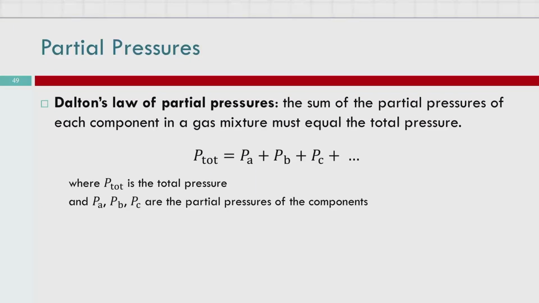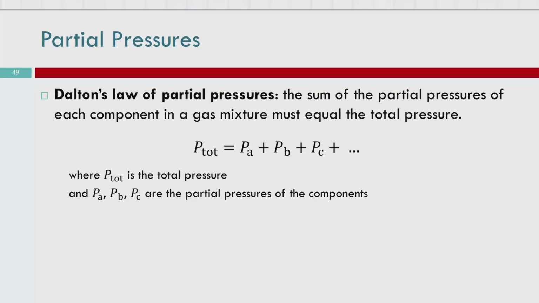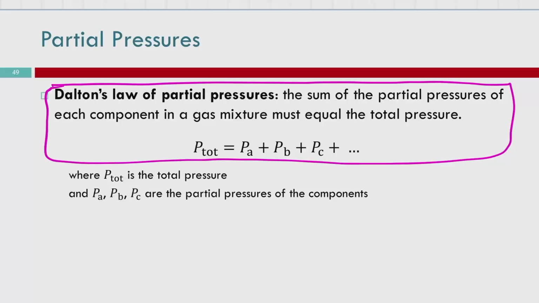Okay, other stuff we can do with partial pressures. This is actually what I was talking about, where we add up the partial pressures. So Dalton has a law of partial pressures. Dalton's law of partial pressures says the sum of the partial pressures of each component in a gas mixture must equal the total pressure. So the total pressure is equal to the partial pressure of A plus the partial pressure of B and C, and then whatever else we might have.